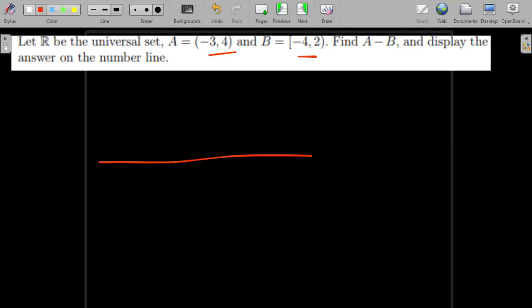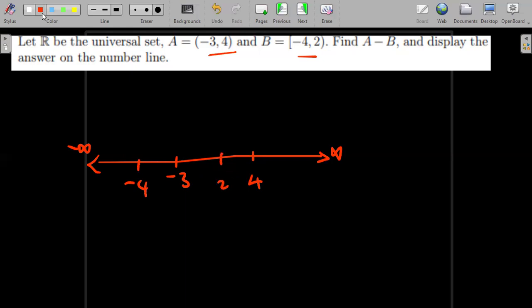So they're telling you that the universal set runs from negative infinity to positive infinity. Then they're telling us our A is -3 to 4. Then our B is -4 to 2.